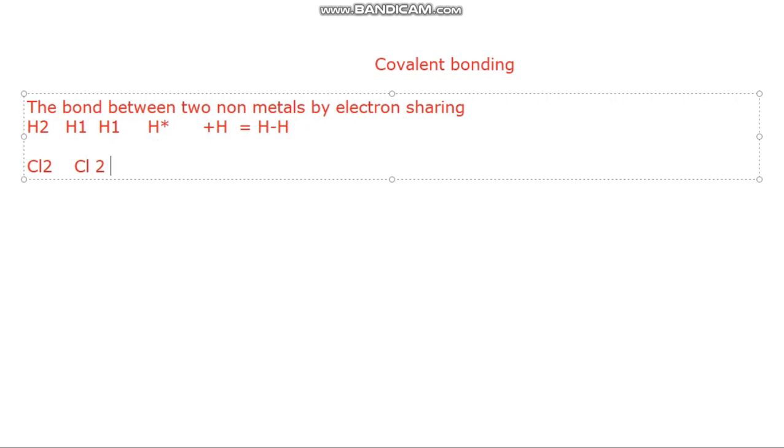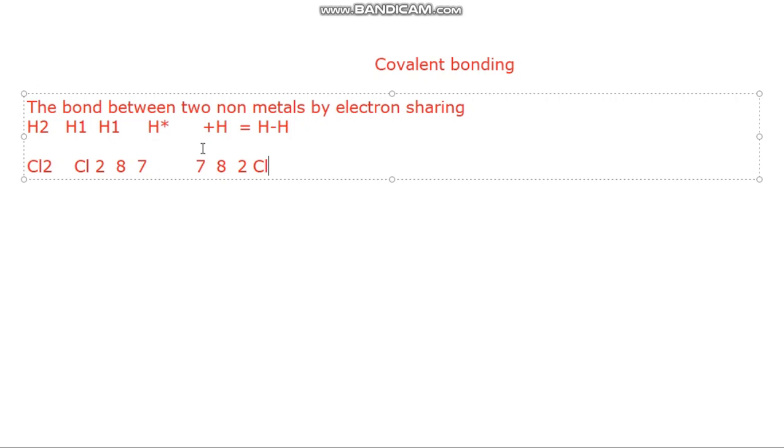It is 2, 8, 7. And the second chlorine is also 2, 8, 7. So every atom contains 7 electrons.